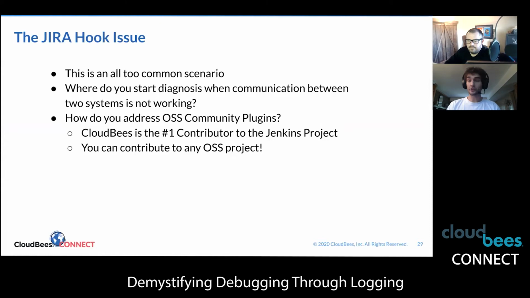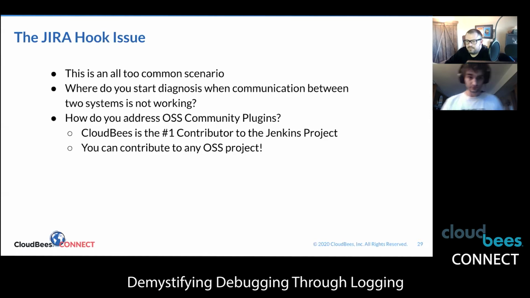This is a super common issue that a lot of people run into with SCMs, with whatever integration you have within Jenkins. You have two pieces that are distinct and they don't seem to be connecting. How do you go about figuring out where this disconnection is actually happening?